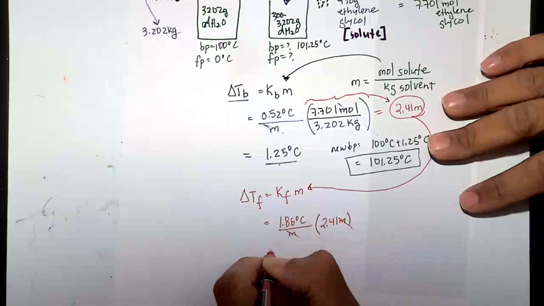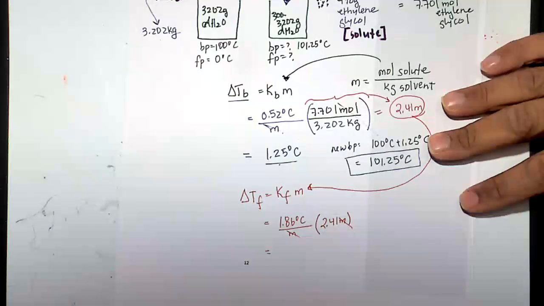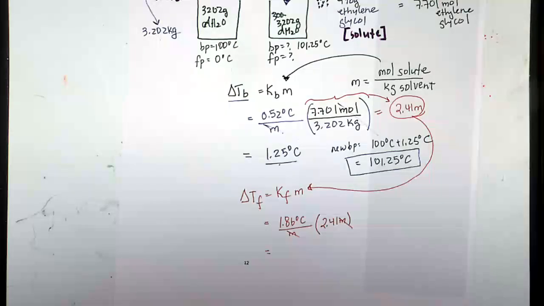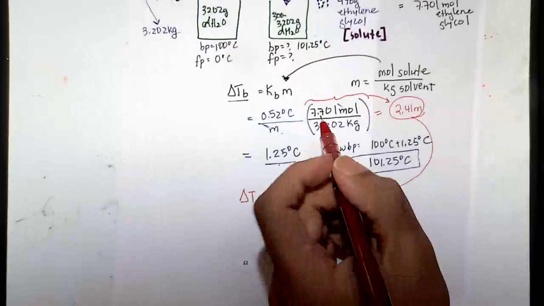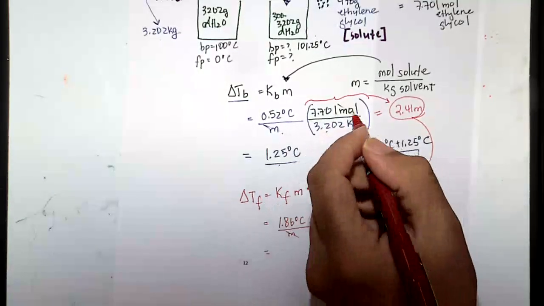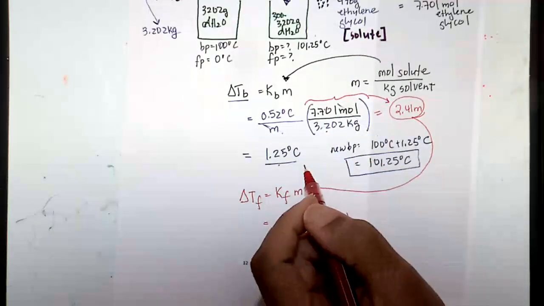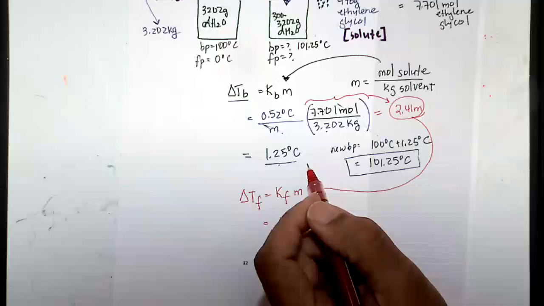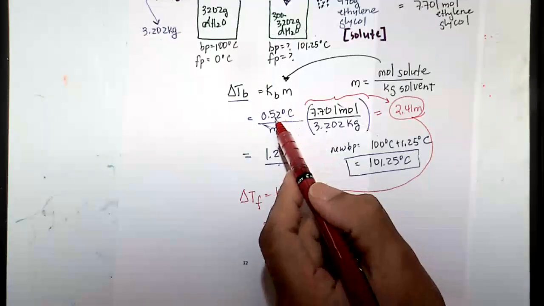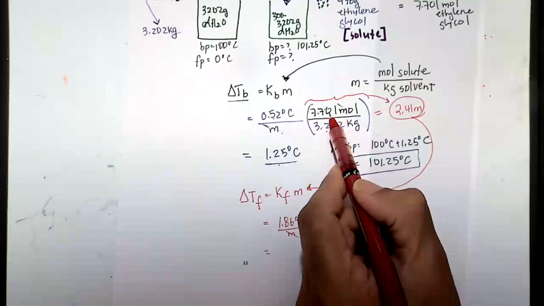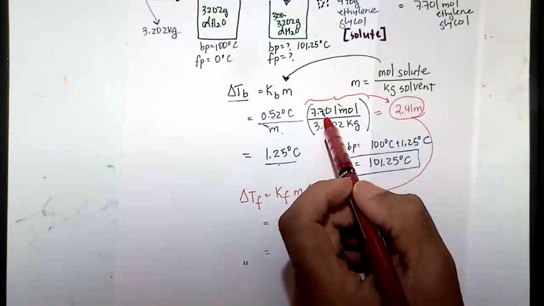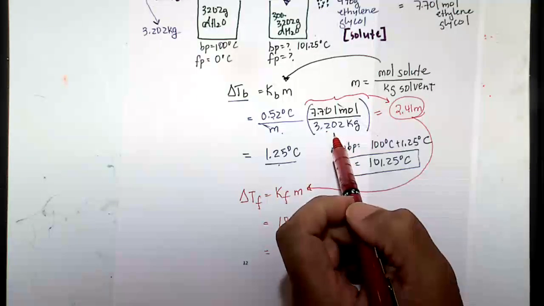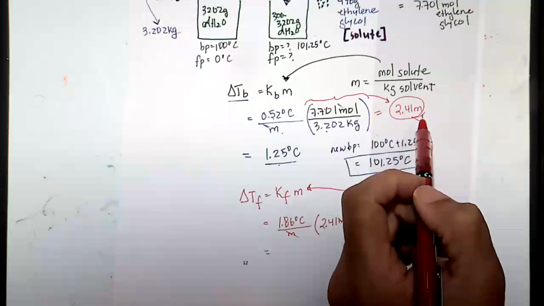All right, lowercase m cancels. 1.86 times 2.41. What do you guys get? Wait, how did you get the 2.41? I just divided this by this to get molal. So you don't multiply it by the degrees Celsius thing? I mean, here I did 0.52 times 7.701 divided by 3.202, but I just took 7.701 divided by 3.202 and got 2.41, which is 2.41 molal.